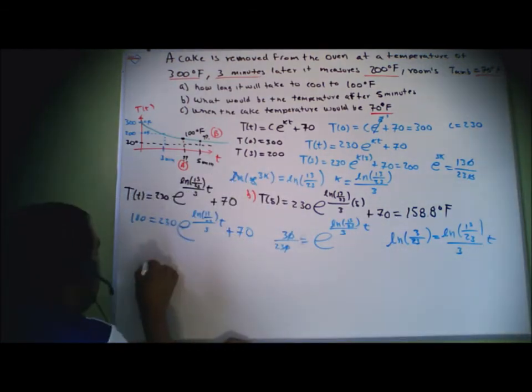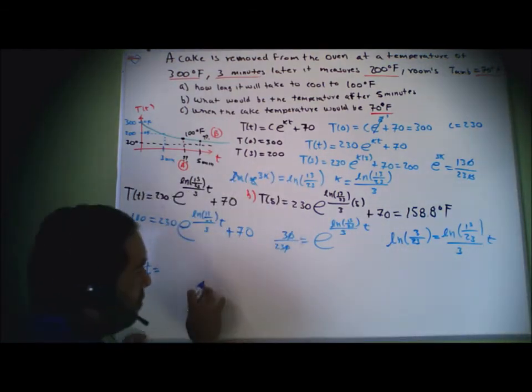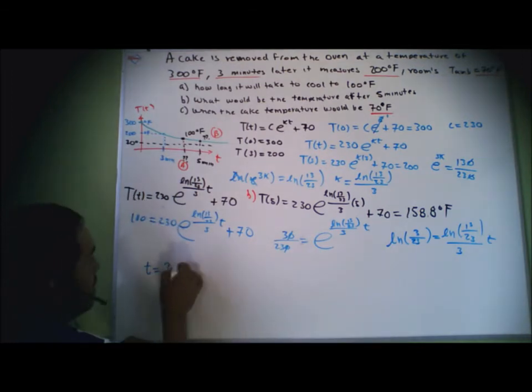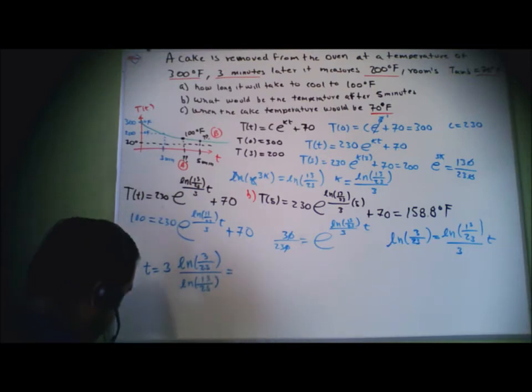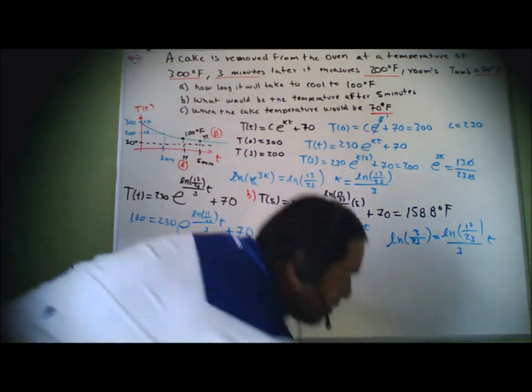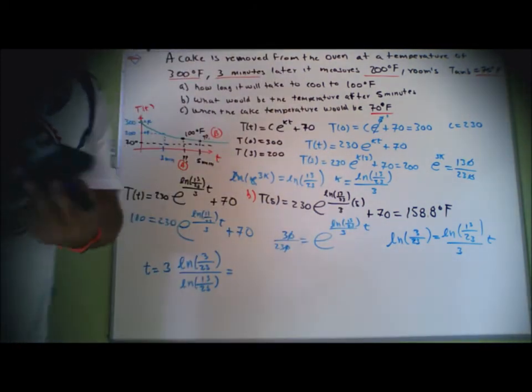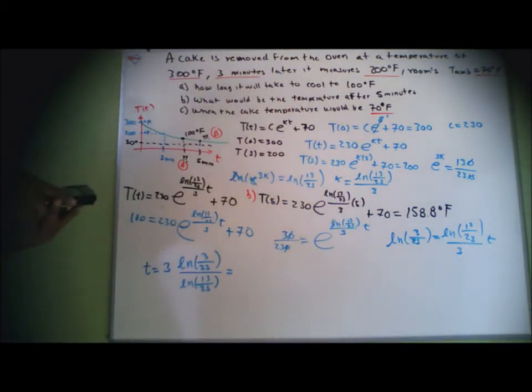So the time is equal to 3 times the natural log of 3 over 23, divided by the natural log of 13 over 23. If we use the calculator, what I know so far is that it should be bigger than 5. Let's see if that is true.